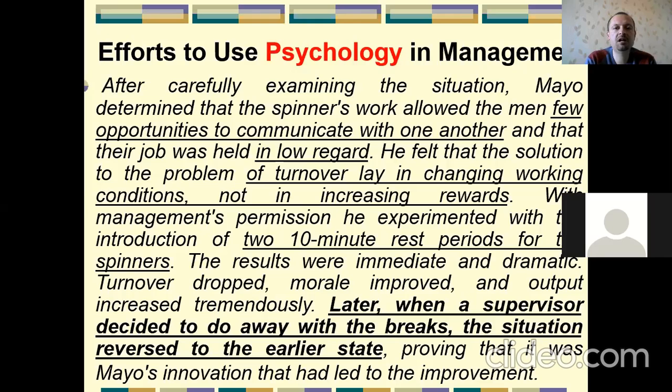After some period of time, the outcomes of Elton Mayo were completely proved by the situation when an owner of the company decided to remove these short breaks, and these workers at this position began to quit from the organization.